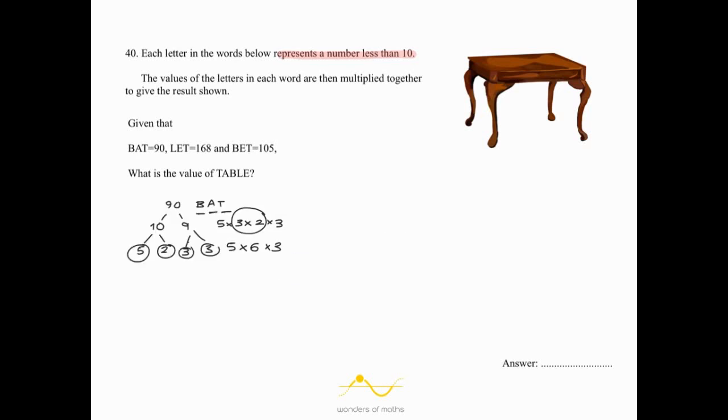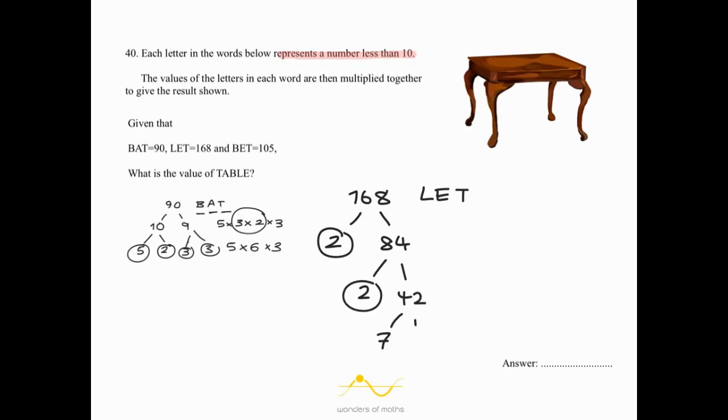Let's do 168 first. L, E, and T must all individually be factors of this number. Let's do our factor tree now. We can start off with 2 and 84. We know 2 is already prime, so we leave that. And continue. 2 and 42. 2 is prime again. Now we can branch off into 7 and 6. 7 is prime.